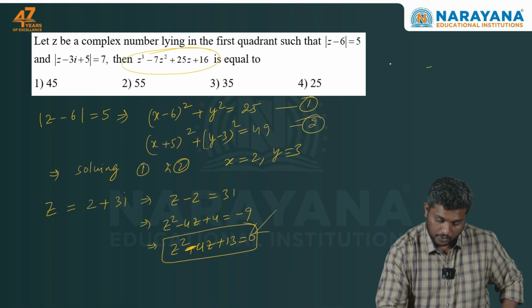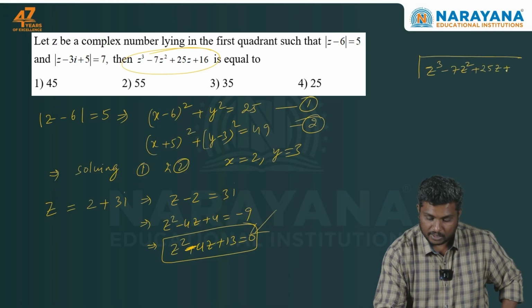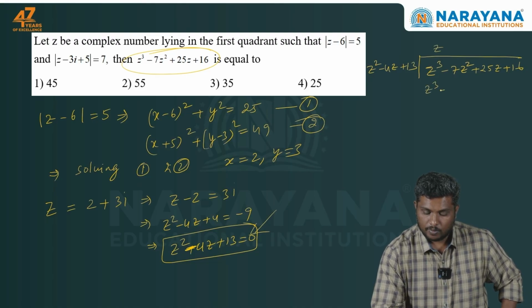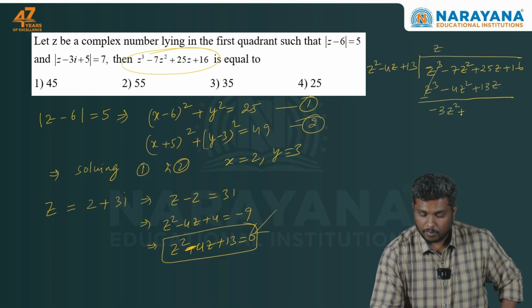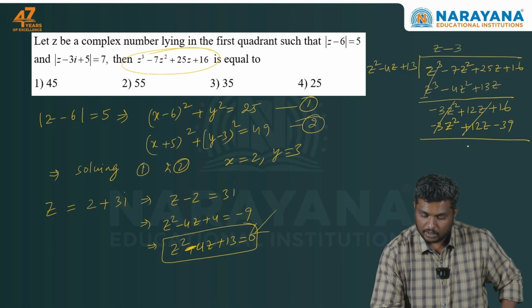Okay, so we're going to divide this once again. z cube minus 7z square plus 25z plus 16, and this is z square minus 4z plus 13. Now once again z cube minus 4z square plus 13z, subtract, so this will be minus 3z square plus 12z plus 16, and then minus 3z square plus 12z minus 39, and once you subtract you are going to get 55.